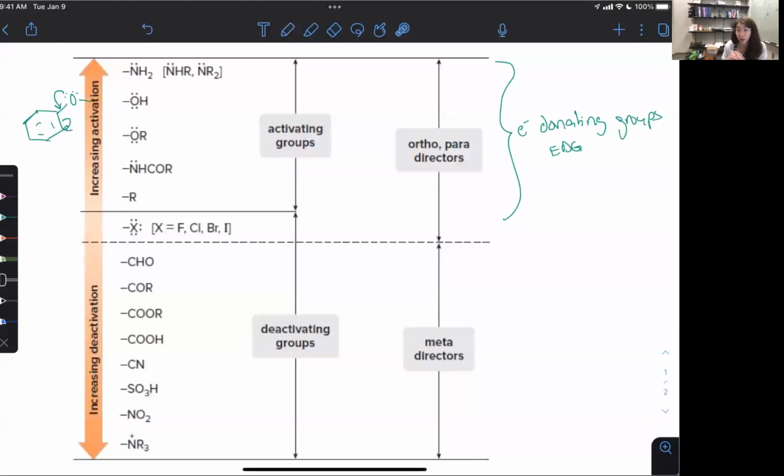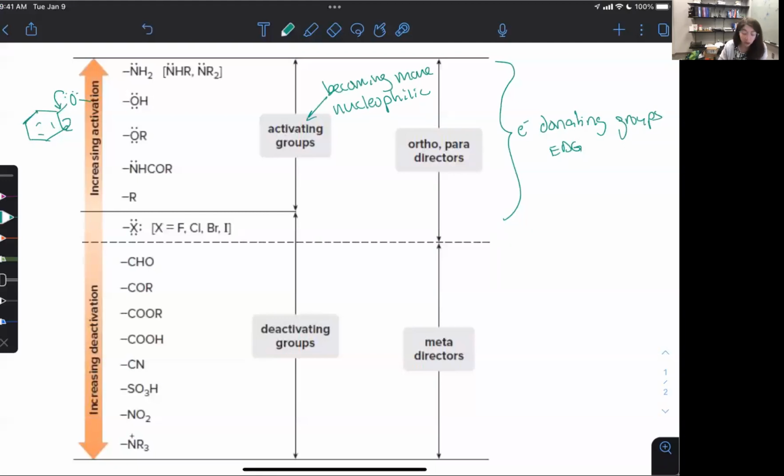So the more electron density we donate in, the more nucleophilic the ring becomes. So you can think about activating or deactivating as becoming more nucleophilic. Activating makes it a good nucleophile, whereas deactivating makes it a worse nucleophile.